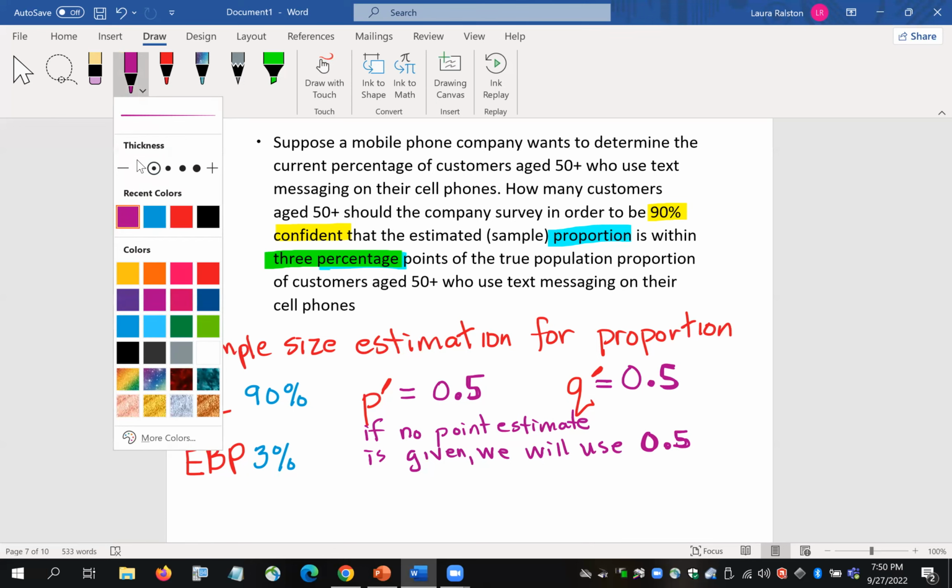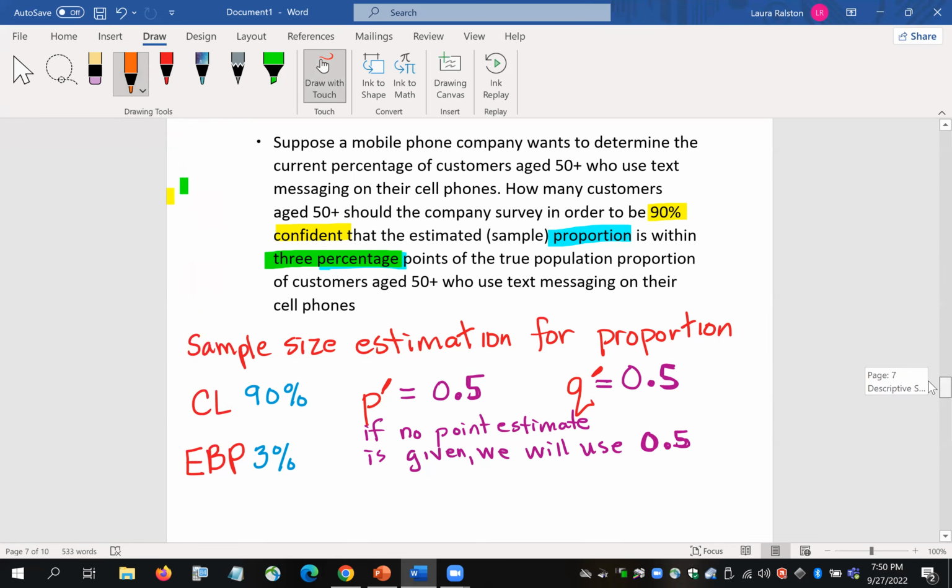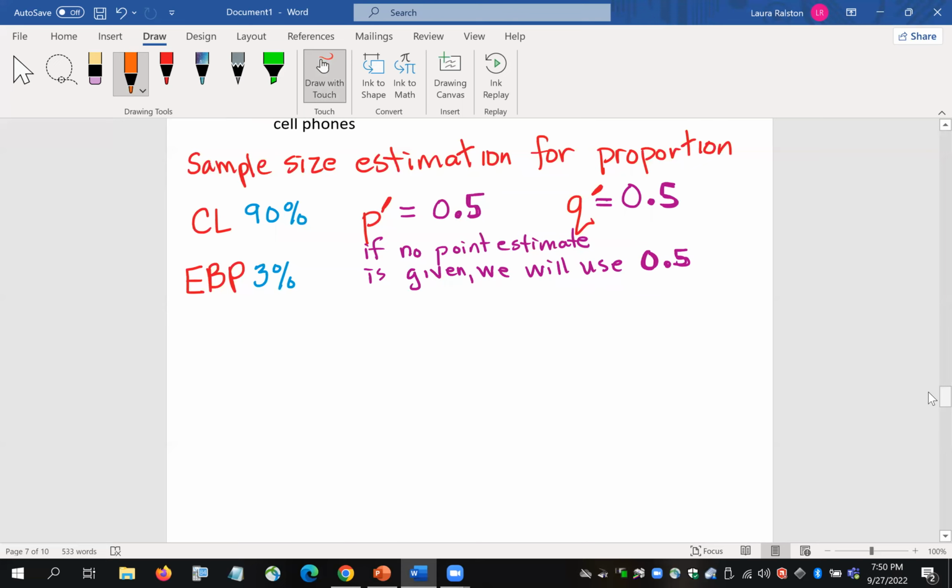Okay, so then I'm going to substitute into the formula. The formula is my critical value, which we'll have to look up in a minute, squared times P prime times Q prime divided by the error bound proportion squared.